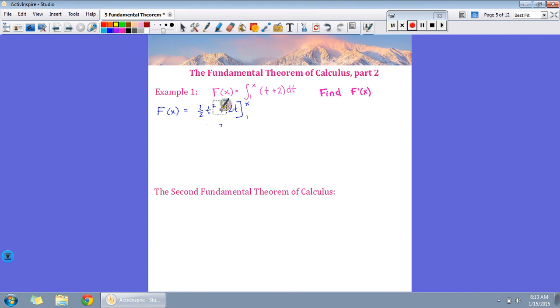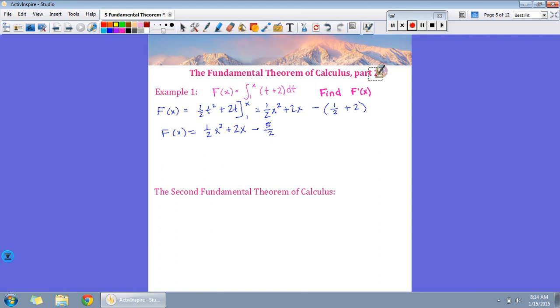So plugging in my x value first, we're going to get 1/2 x squared plus 2x, and then we're subtracting 1/2 plus 2. Simplifying it just a little bit, we've got 1/2 x squared plus 2x minus 5/2.